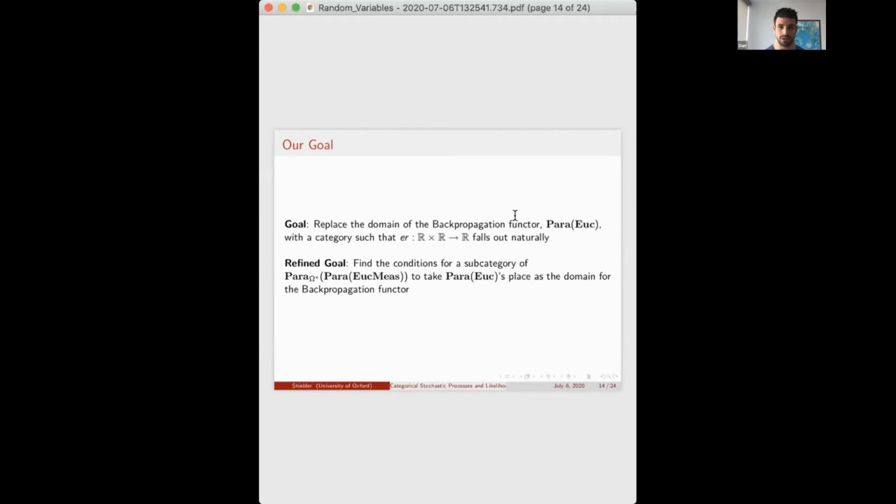If our goal is to replace the domain of the backpropagation functor with a category such that our error function falls out naturally, our refined goal is now to find some subcategories of our para UCMES that can take para UC's place as the domain for the backpropagation functor, that have a structure such that we can define likelihood functions over them, and then have the error function fall out of these likelihoods.